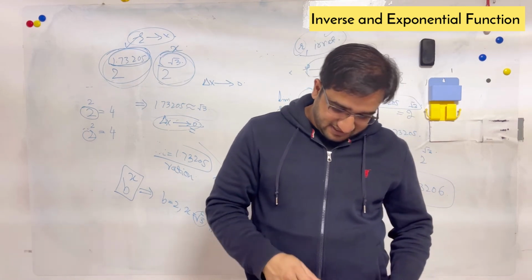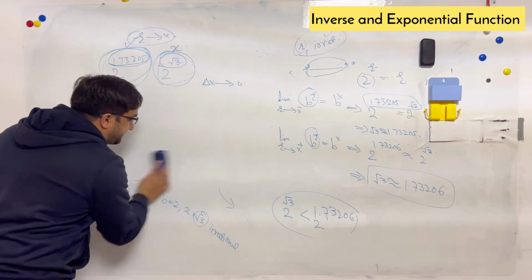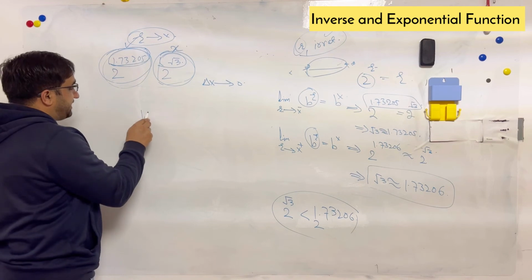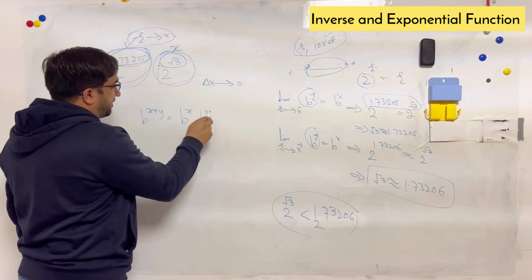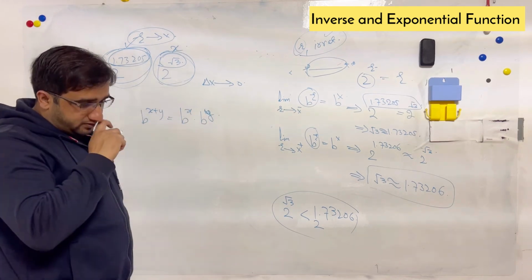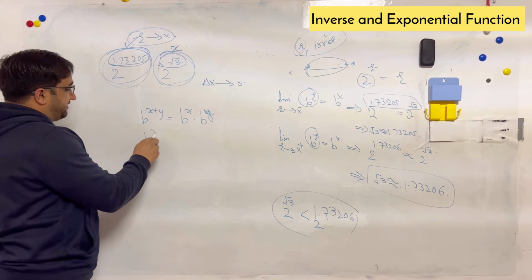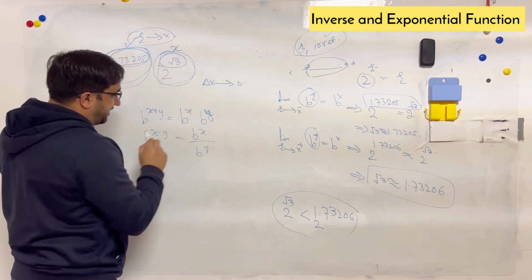The rules are very simple in the exponential cases. In an exponential function, if you have b raised to the power x plus y, you can write it as b raised to the power x times b raised to the power y. You know these basic rules from the basic classes. Similarly, if there is a difference, then it will become b raised to the power x divided by b raised to the power y.